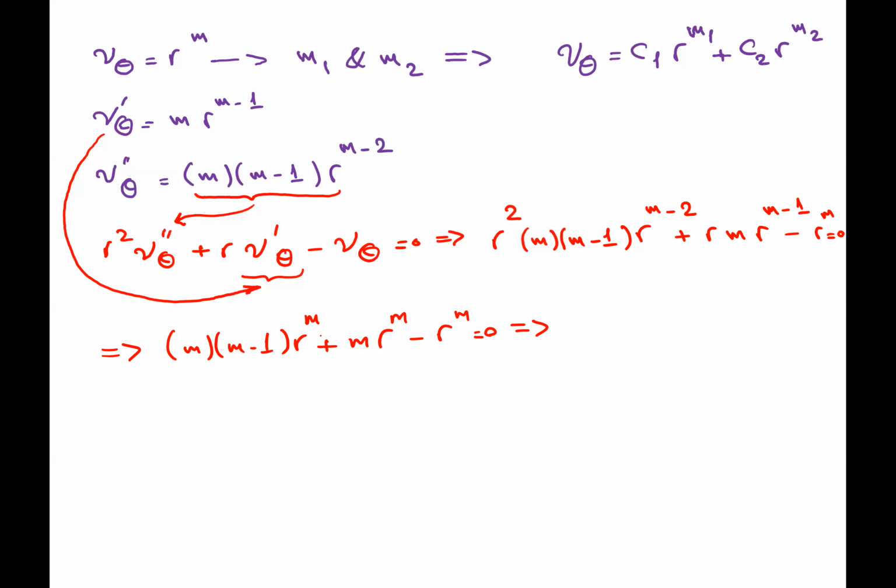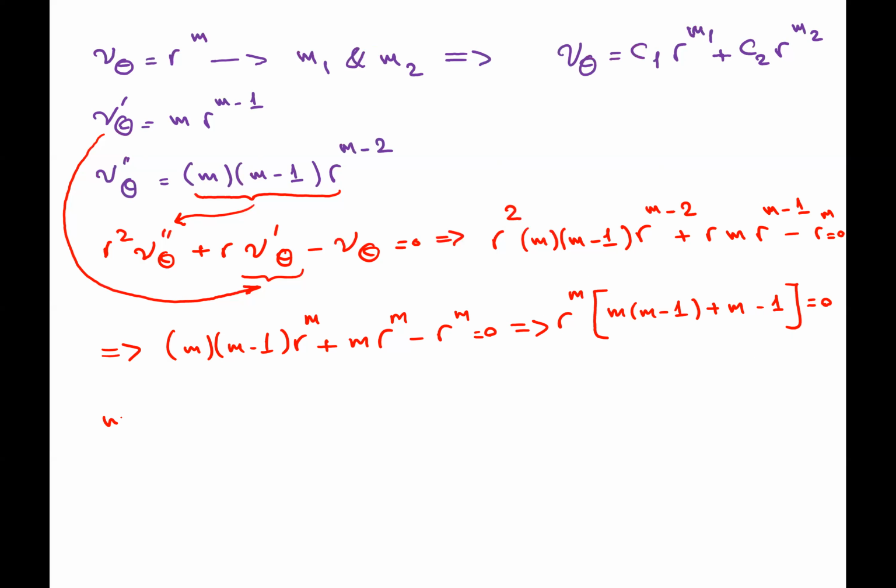Therefore, we can take that r to the power of M out. So it's like r to the power of M, and then we have M times M minus 1 plus M minus 1 equal to 0, okay? So if that's 0, the first term cannot be 0, so the second term is 0.